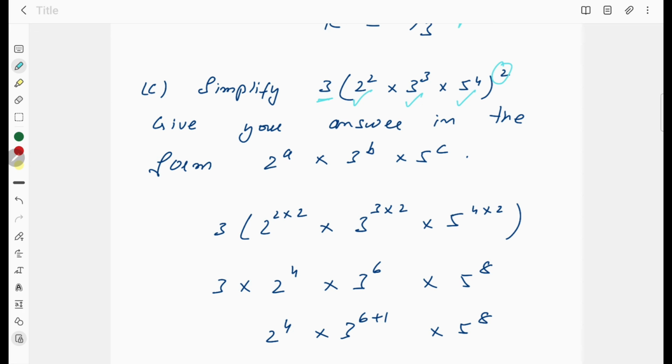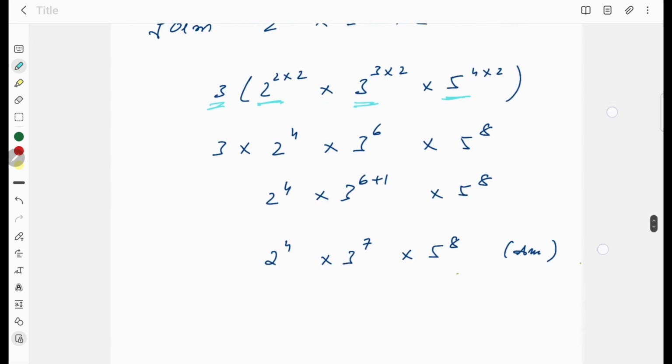So this 3 remain as it is, while this thing become 2 power 2 into 2, 3 power 3 into 2, powers are multiplying. 5 power 4 is multiplied by 2, so 5 raised to the power 4 into 2. So this 2 is coming separately on each and every element inside.